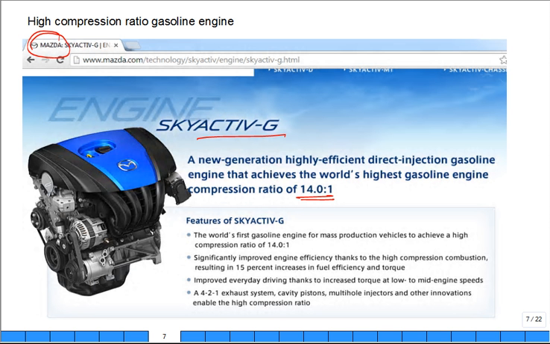Where does the gas get in with the oxygen? It doesn't come into the combustion chamber mixed. It's a direct injection gasoline engine. Direct injection meaning they have a fuel injector into the combustion chamber just like a diesel. They've been playing around with those for a while.